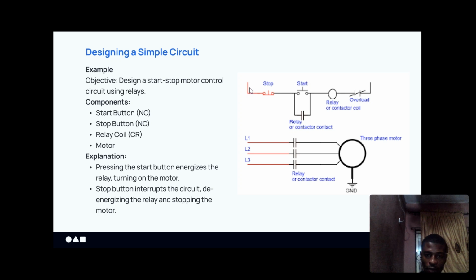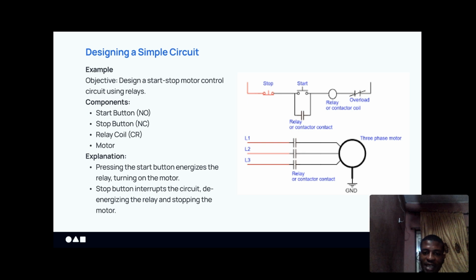On the right here, you have the stop push button. The control circuit is usually made up of two parts: the control side and the power side.